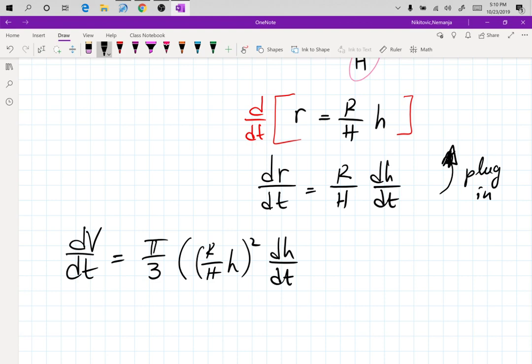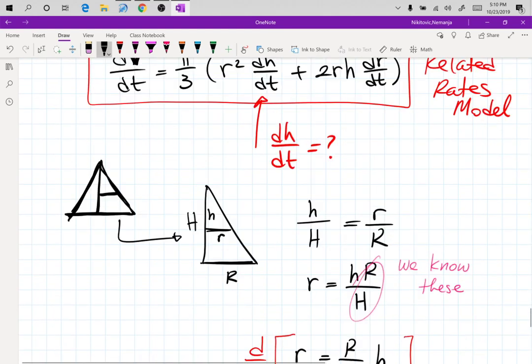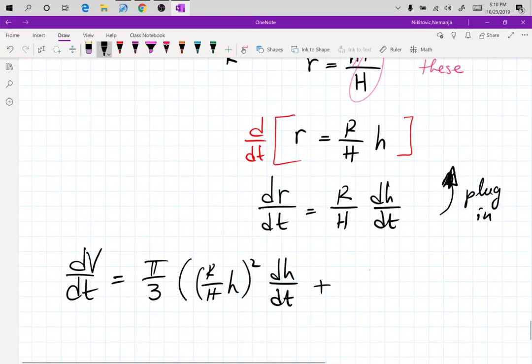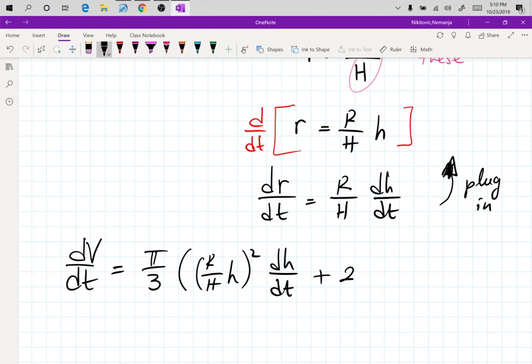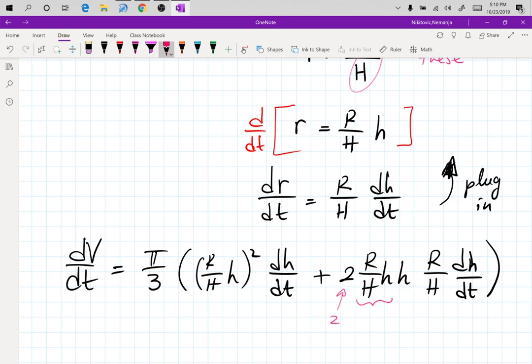Plus, the second term was 2rh, so we don't like r, so we'll have R over H times h, and then there is h from the problem, and then dh/dt is another. Now this one is a little bit convoluted, so I'm going to put what's what. Well, 2 is 2, that's easy. This puppy over here is r, that's the same h you had, and the whole thing over here used to be called dr/dt. So we just plugged in to replace them from the old equation.